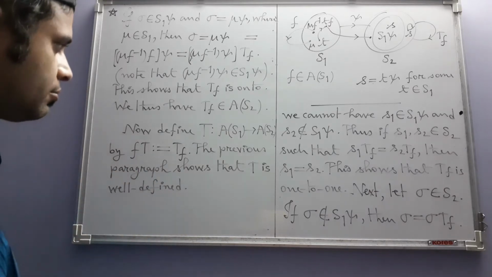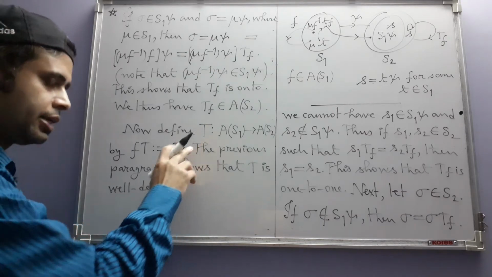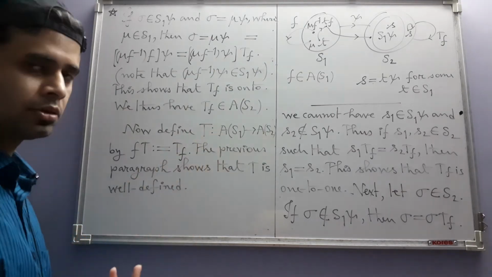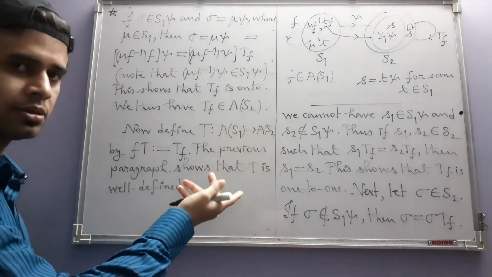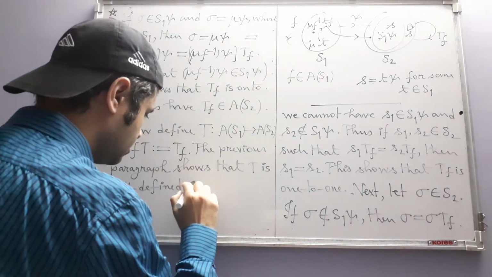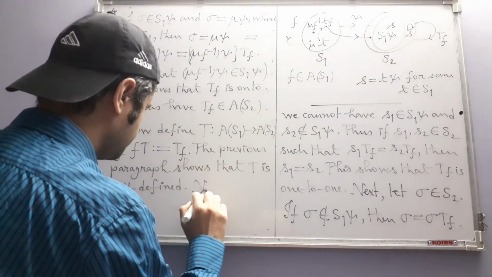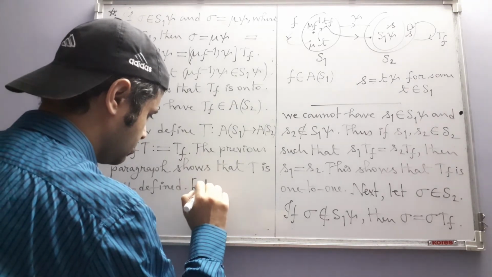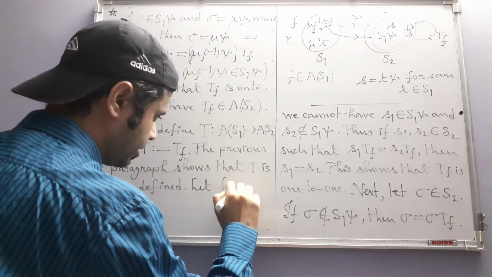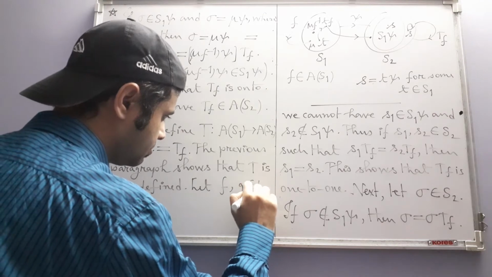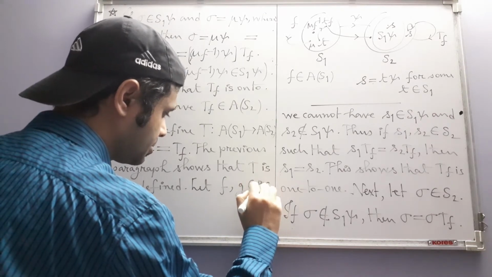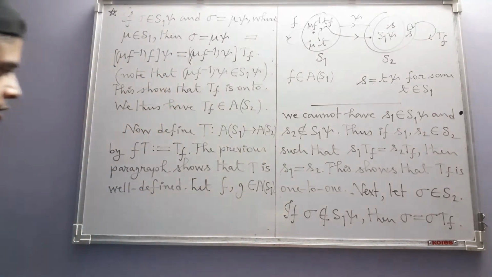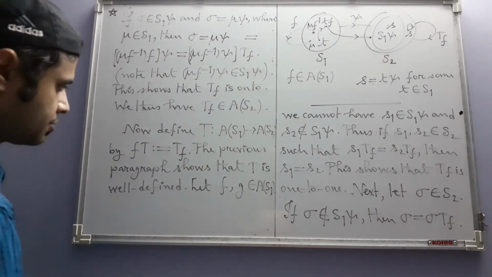Okay. Now our next aim is to show that T is a homomorphism, because these are groups we already know. Now let F and G be two maps in AS1, two elements in AS1.